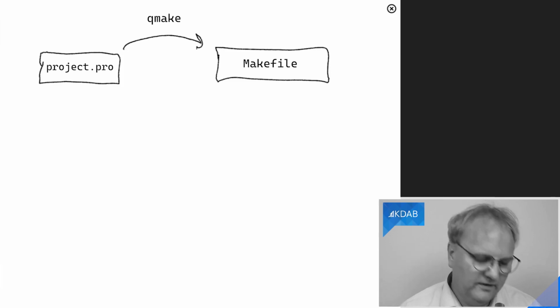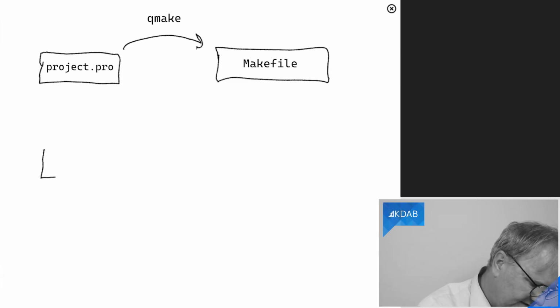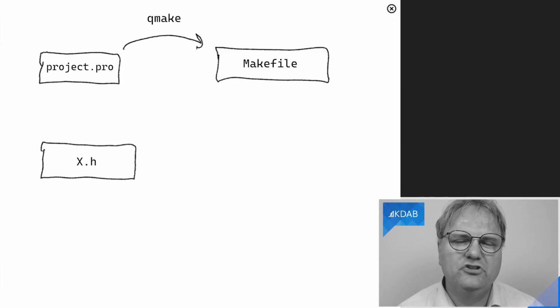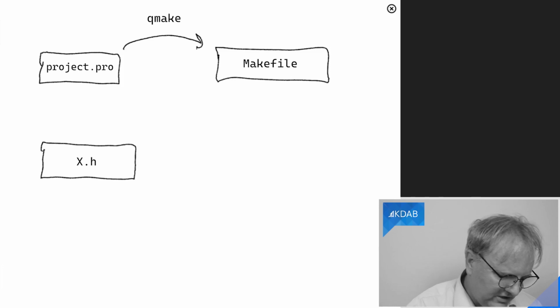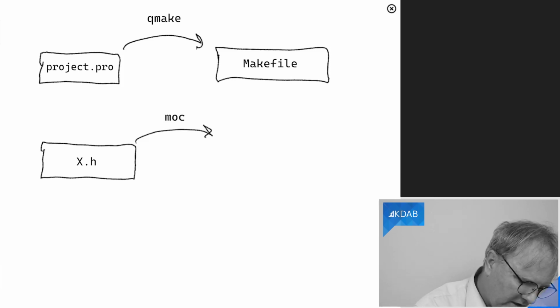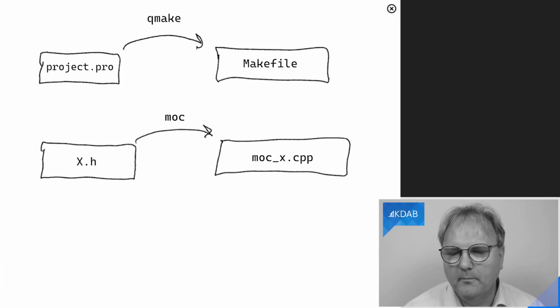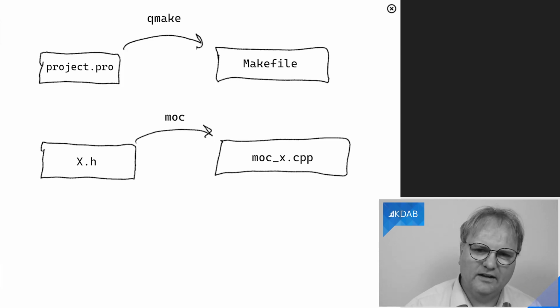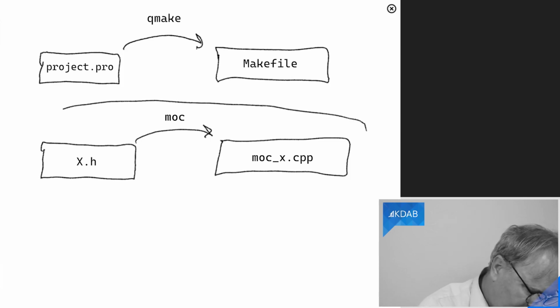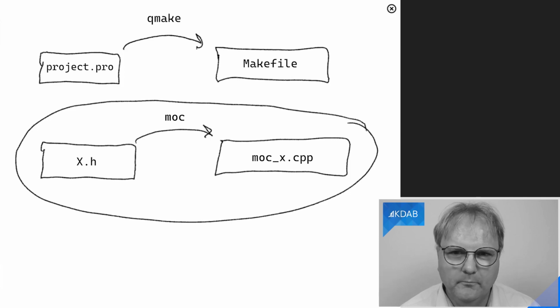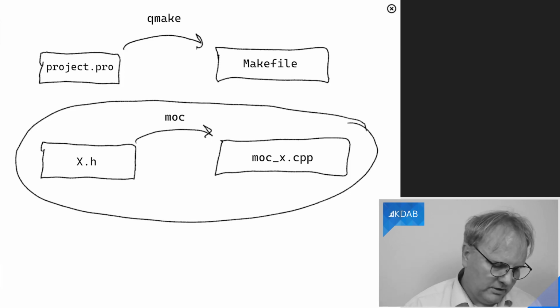In that makefile, there is a target that says that whenever this file here, my x.h header file, for example, changes, it should run moc. And what I get out of that over here is moc_x.cpp.